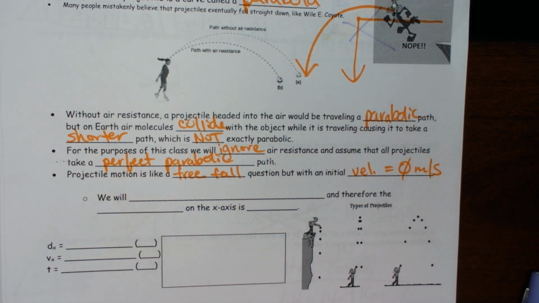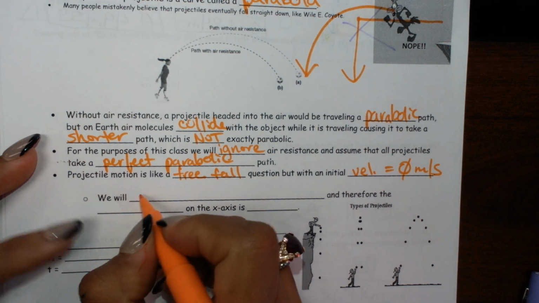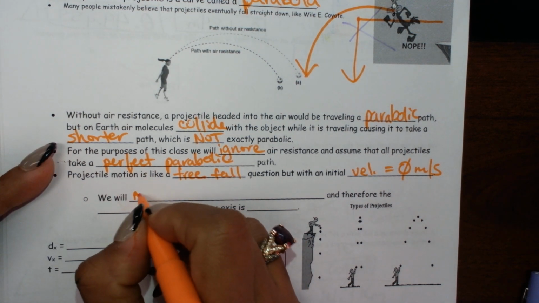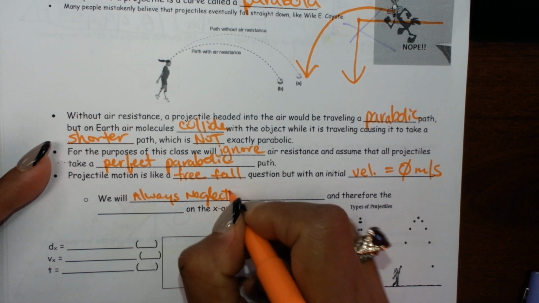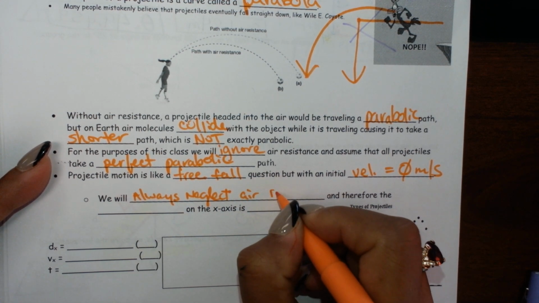There are two things I'm guaranteed on a free fall question. Number one, a is negative 9.81, and v_i is 0. Got to know that. It says here, though, don't forget, we will always neglect air resistance in this class.